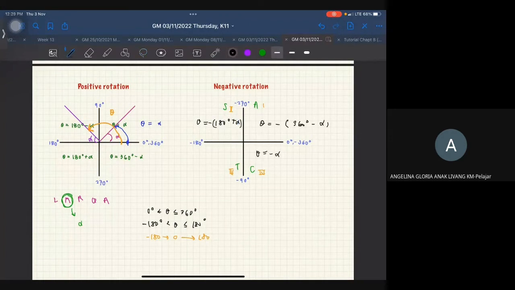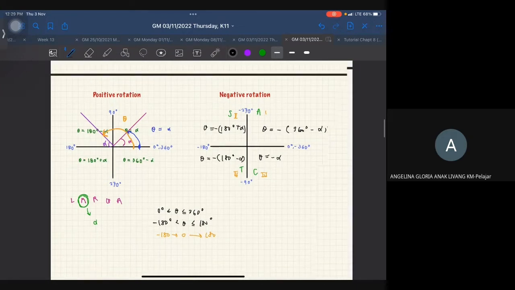Okay, and then dekat the third quadrant, so follow the second quadrant of positive rotation. So it's going to be negative dekat depan 180 degree minus alpha. Itu sahaja.